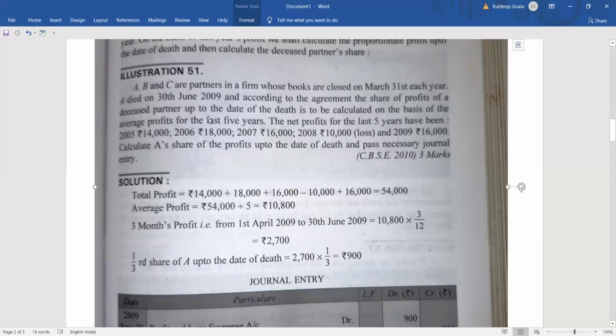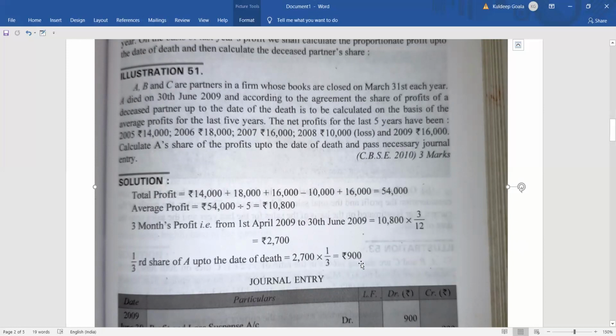So how many days was A alive? 3 months, right? Because we saw that the year is ending on 31st March. So after 31st March, we have April, May, June, only 3 months. So for 3 months, what will be the amount? It will be 10,800, you can directly do it, okay? 10,800 into 1/3 into 3/12. Ultimately, it will come 900.